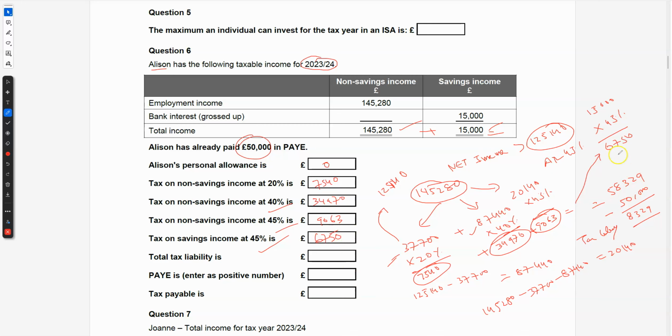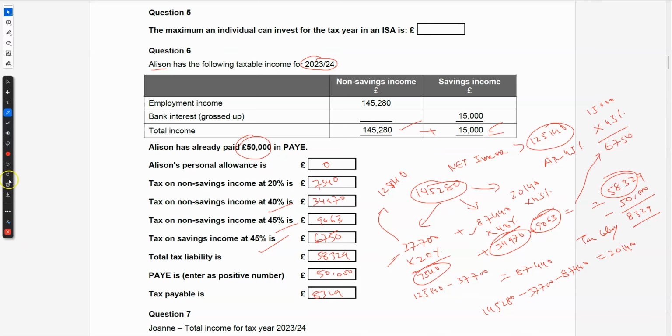Total tax liability 58,329. The tax already paid 50,000, and tax payable 8,329. That's it. This is a very nice calculation, because this sort of calculation will help us a lot to understand the question in a better way.